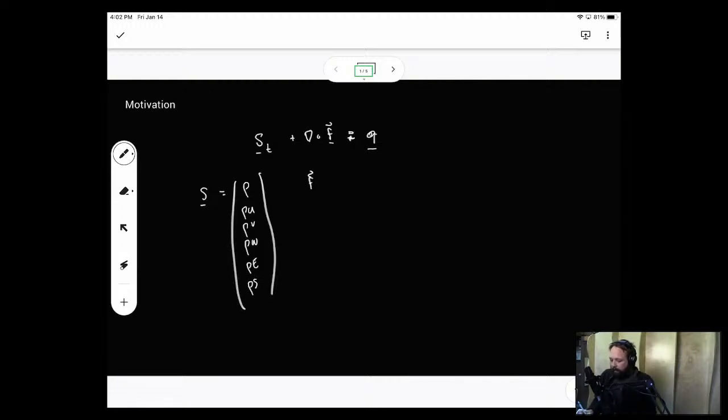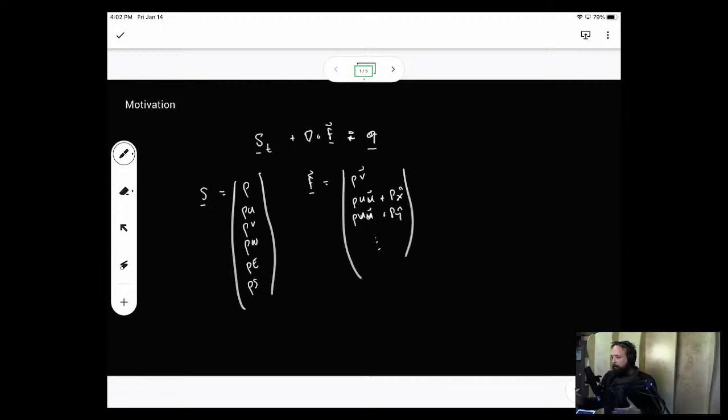Your fluxes, you'll have the typical advective fluxes. For your density, you'll have really just the mass flux, so rho times the velocity vector. For the momentum terms, you'll have the advection of momentum and then a pressure gradient. So you have rho uu, rho uv, rho vu plus p in the y-hat direction, etc.